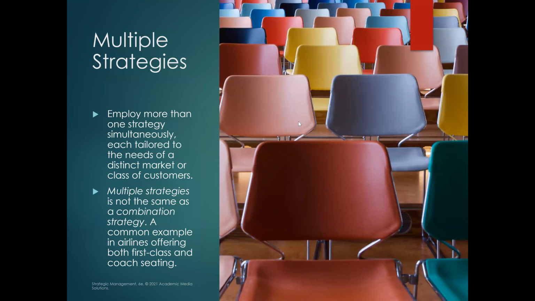And finally, last but not least, there is the multiple strategy. Basically, this means that you will employ more than one strategy, and each strategy will be tailored to the needs of a distinct type of market or distinct consumers. A good example would be an airline, offering both first class and economy seating that will attract different end users.